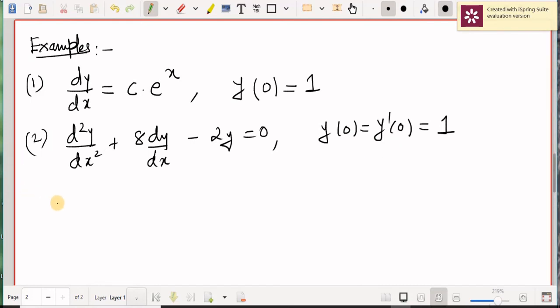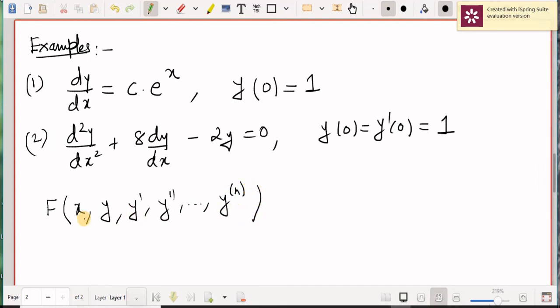Okay, so if I generalize the initial value problem for nth order differential equation, first we can write down the nth order differential equation in this way: some function f of x comma y comma y prime comma y double prime, and this goes on till y raised to n.